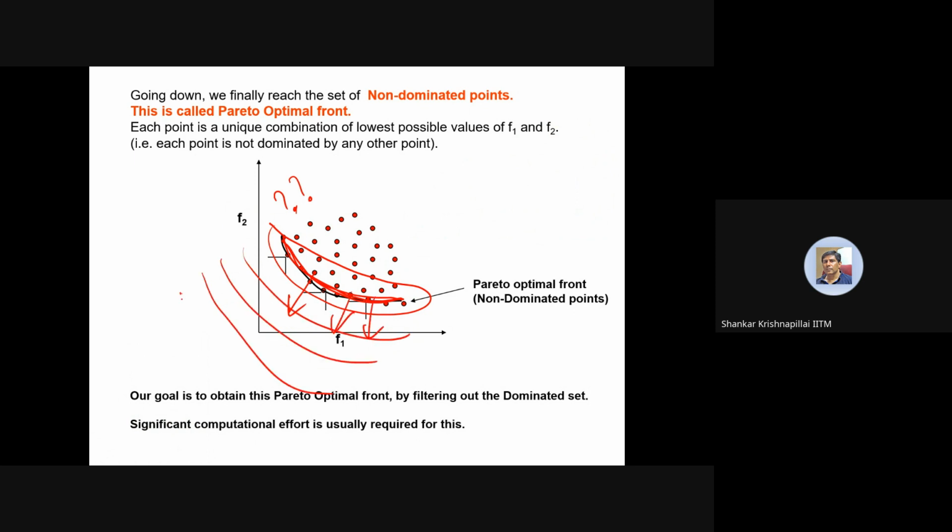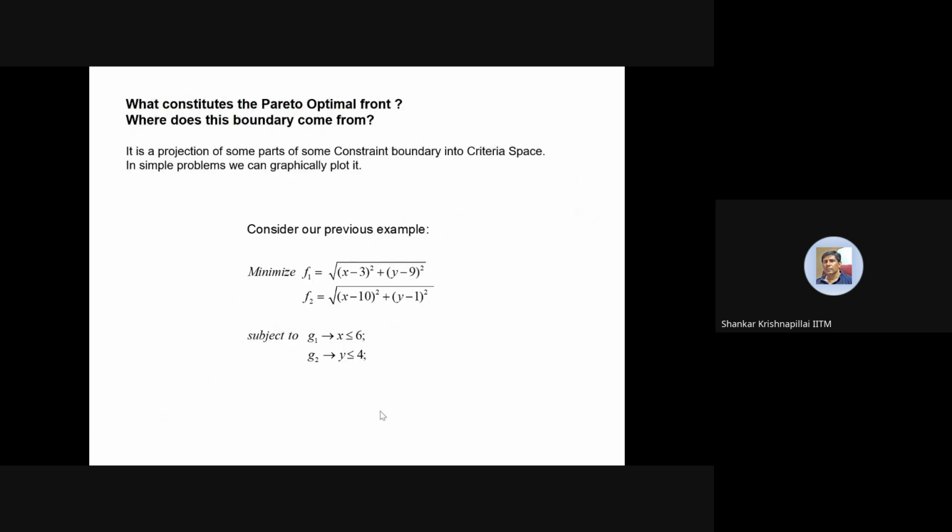Why doesn't it keep on going down like this? The Pareto optimal front is nothing but a constraint boundary. It is some part of the constraint boundary which is converted to criteria space, that is, to F1, F2 coordinates.